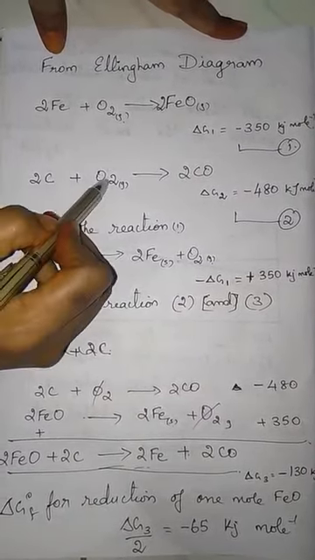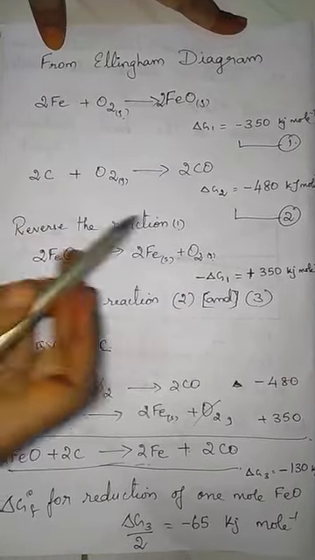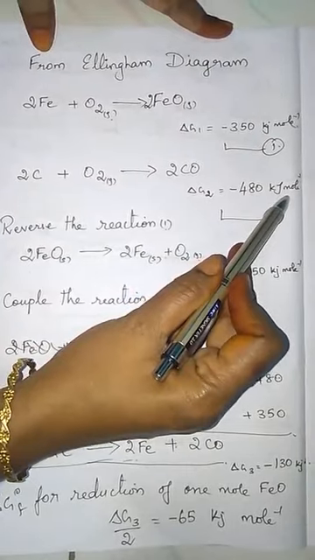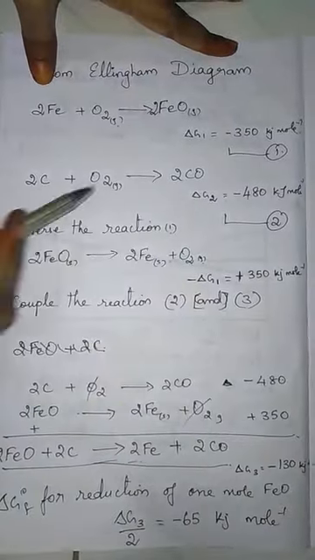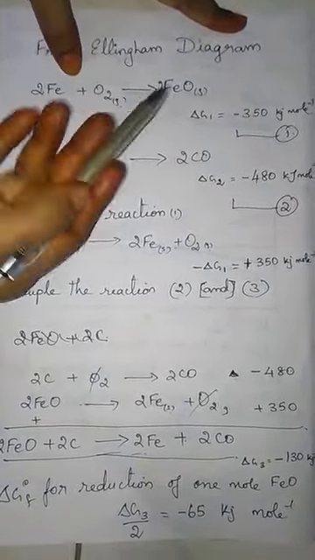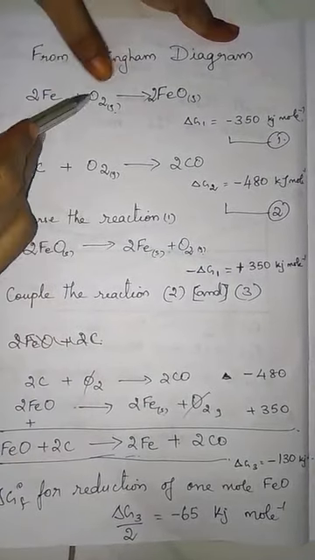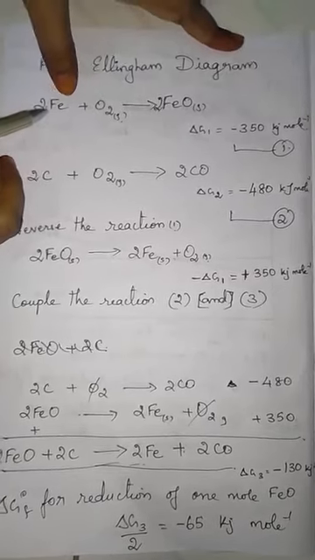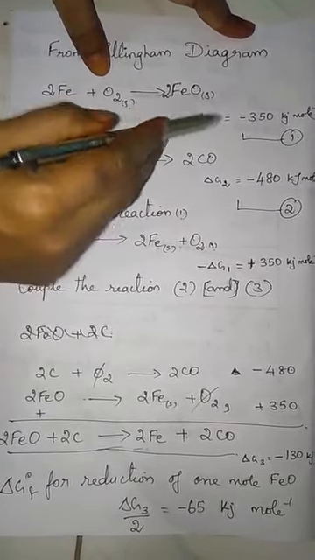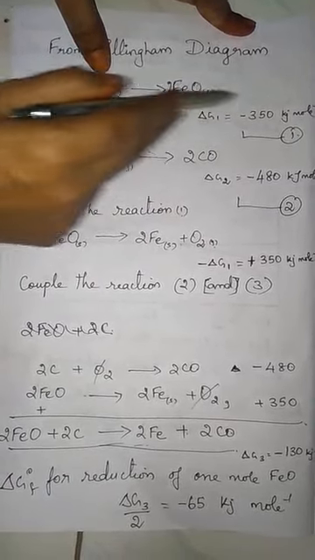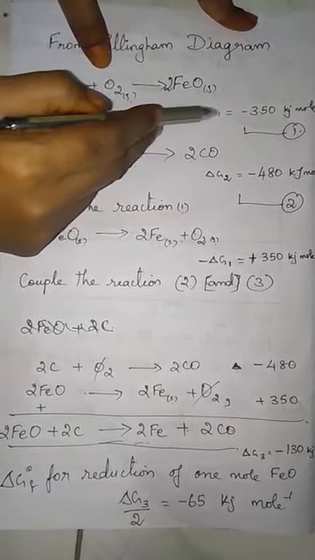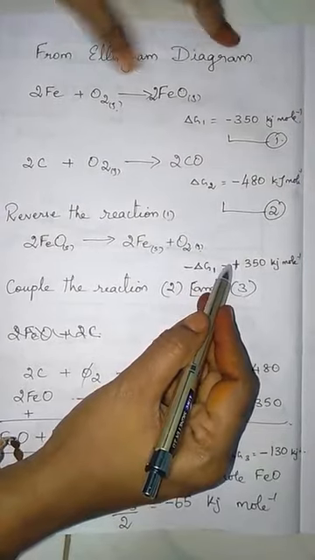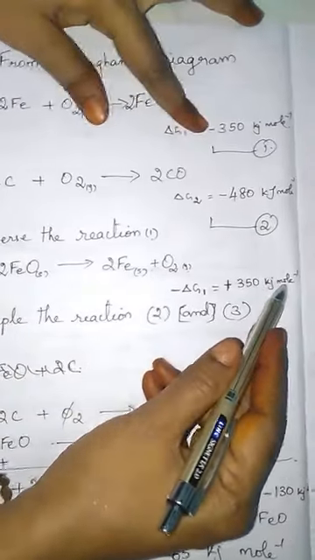So carbon consumes oxygen and carbon monoxide forms, and the delta G value is minus 480 kilojoule per mole. Reverse the first reaction. So the reverse reaction is 2FeO gives 2Fe and oxygen, and the delta G value is positive because it is a reverse reaction. So minus delta G1 is equal to plus 350 kilojoules.